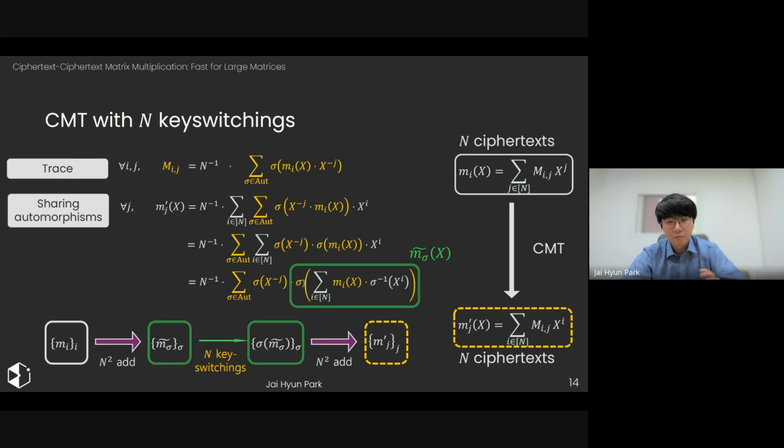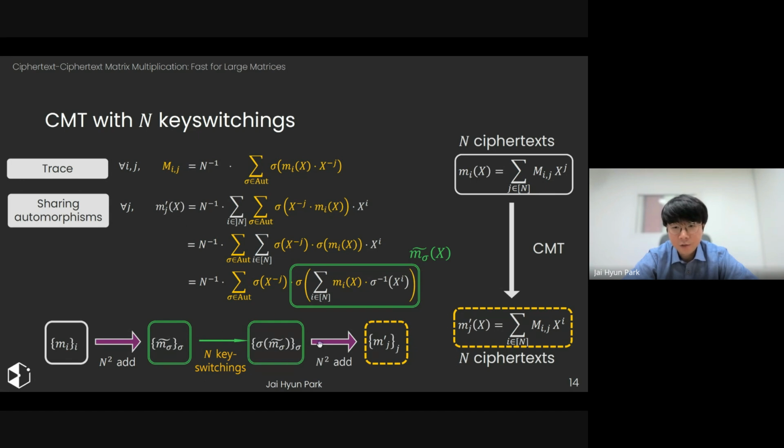Okay, so to be a bit more precise, from given MI, which is the row-wise encryption, we first compute this M sigma tilde by using additions. So here, this is M sigma tilde. And after that, we do key switchings to get this sigma M sigma tilde.